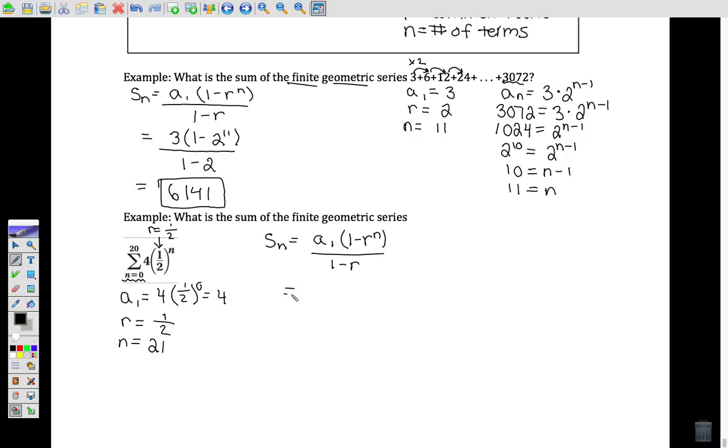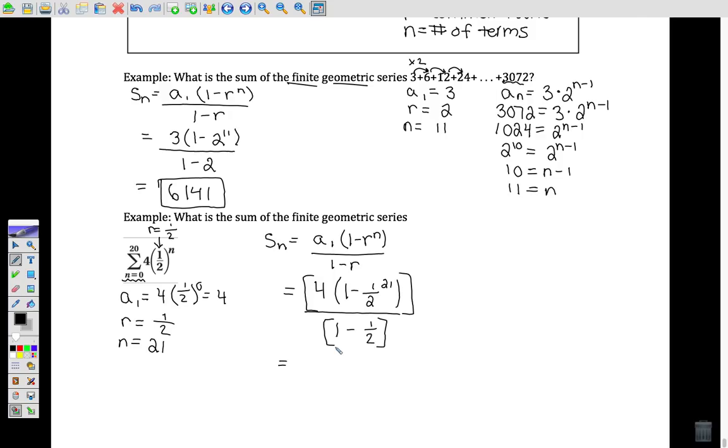So now we know those three things, so we can plug in 4 as the first term, 1 minus r is 1/2, n is 21, so we have to do 1/2 to the 21, all over 1 minus 1/2. Again, using a lot of parentheses in your calculator, if you put this whole numerator in parentheses, divide it by this whole denominator in parentheses, you can do that all in one step.